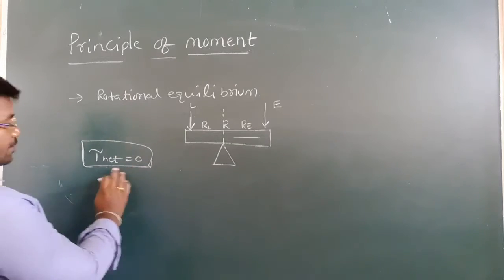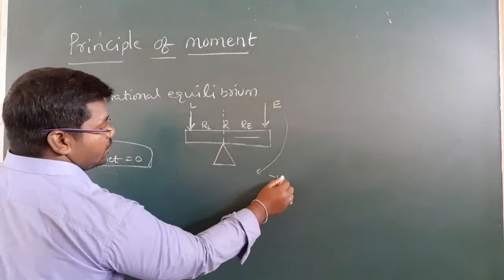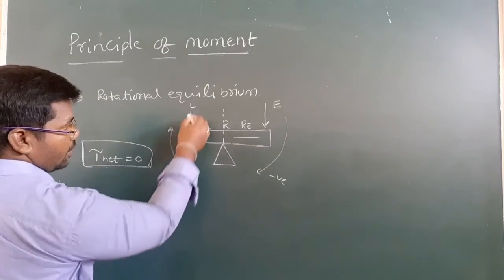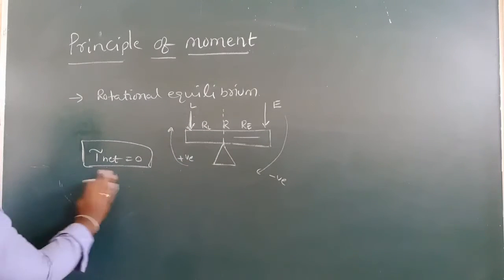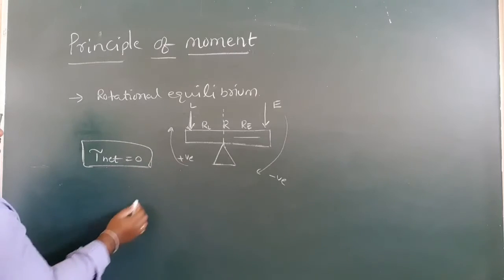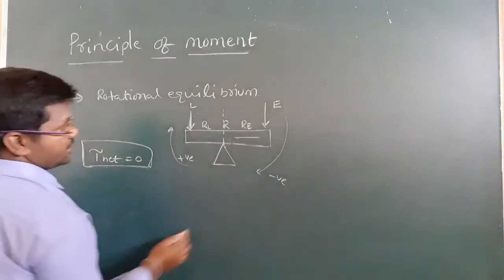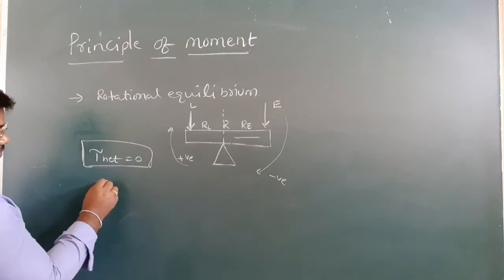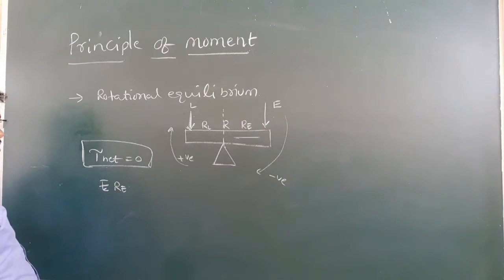So net torque means zero, means what? This is clockwise, negative. This is anti-clockwise, opposite. This is positive. So we have to find total torque. Here torque is force into perpendicular distance. E is the force and perpendicular distance is RE.